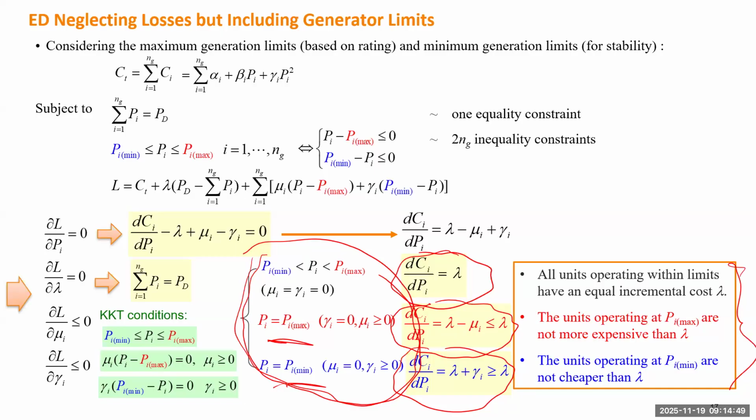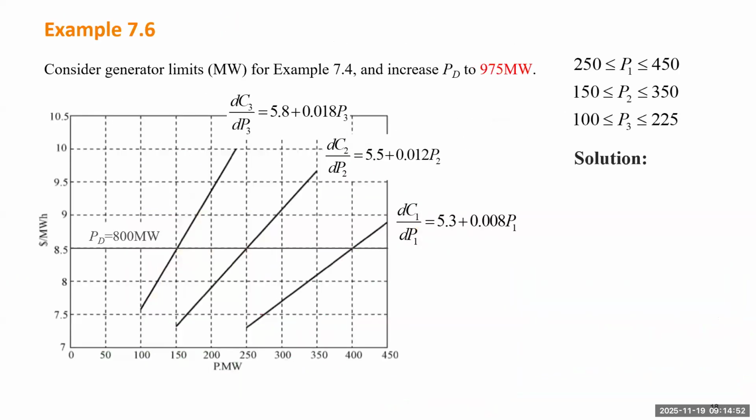When we want to solve such a problem, if the dimension is not very high, we can just take the same approach. You start from any initial guess about the incremental cost. For instance, this is the equal incremental cost when the total load is 800 megawatt.